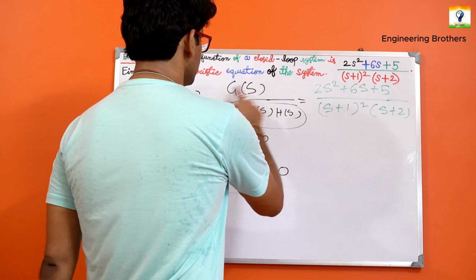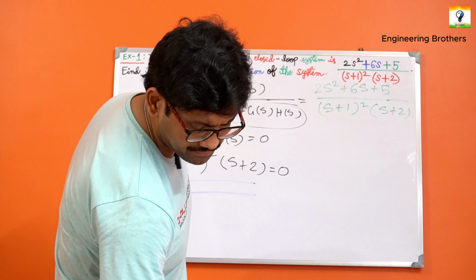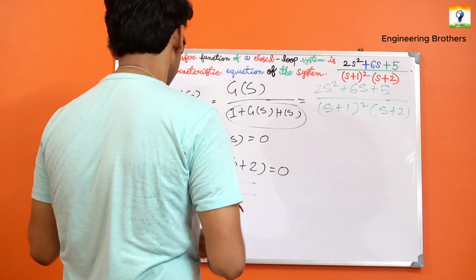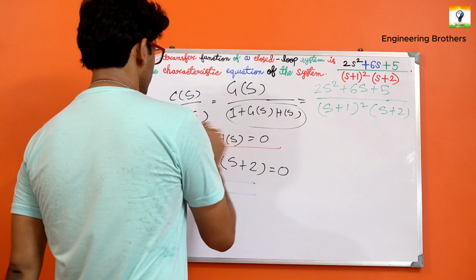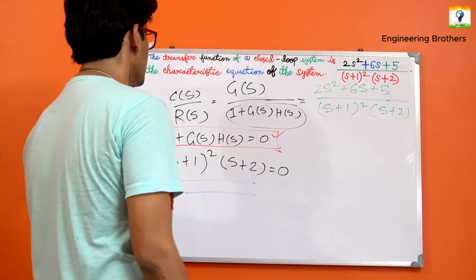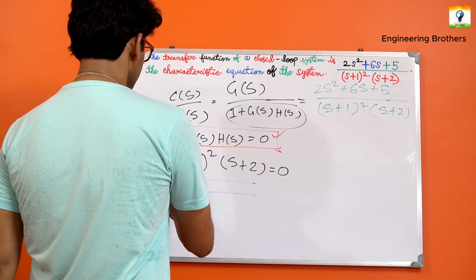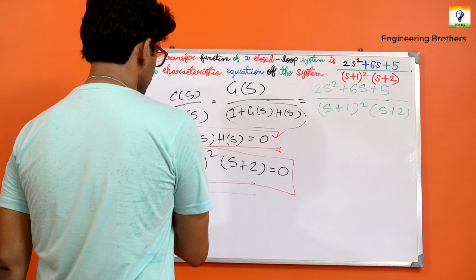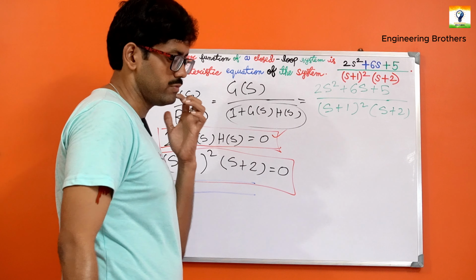This is our much needed consideration for the characteristic equation, and this is the formulation for it. This is our final answer, and this is our characteristic equation in this given problem.